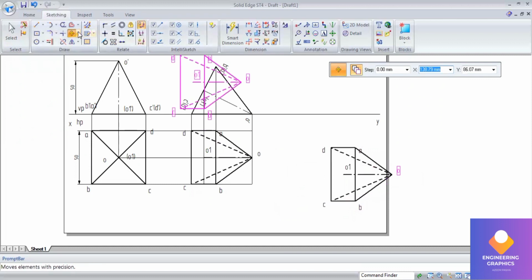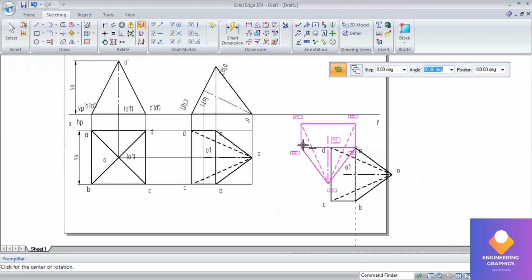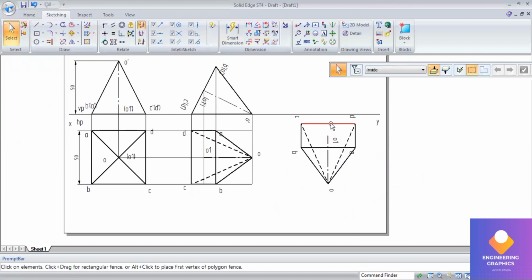So by taking this CD line, we will make it parallel to the VP, rotate it. So like this you can place. So now you see the end CD, the resting edge, is now parallel to the VP.